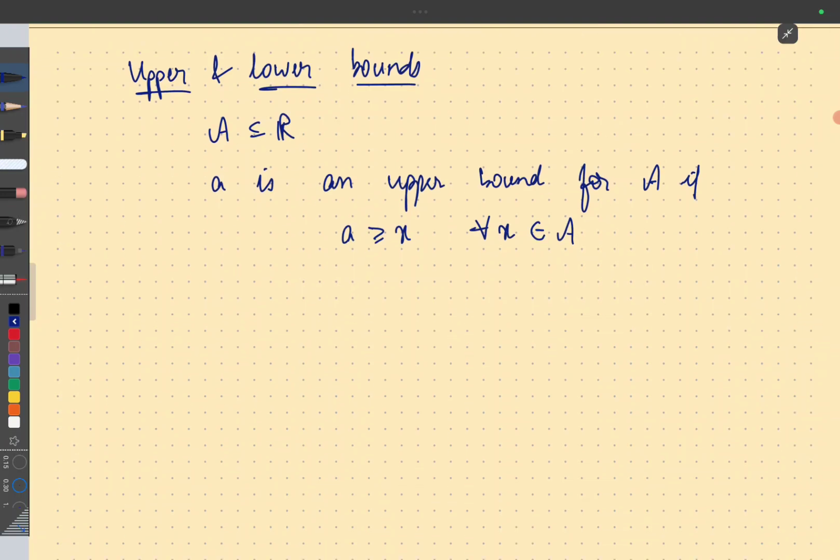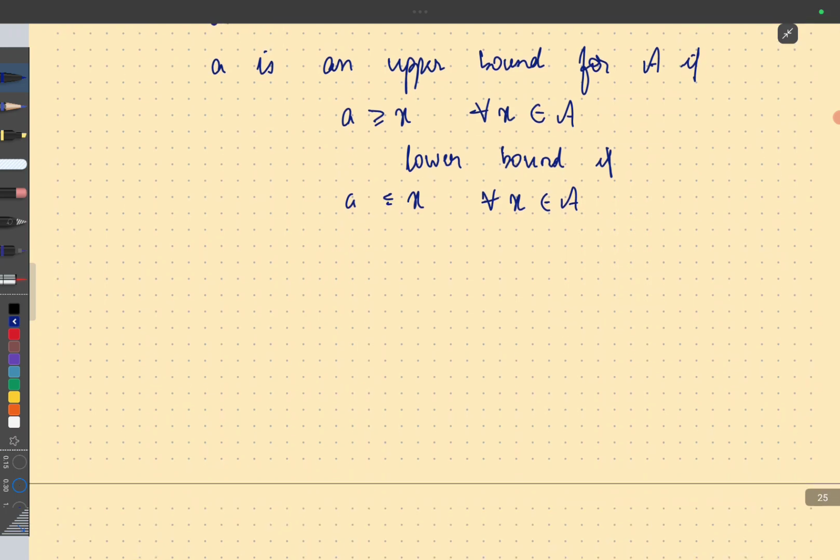And similarly, a is a lower bound if a is less than or equal to x for all x in A.